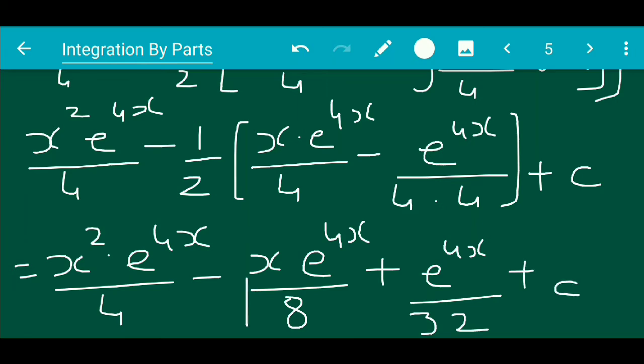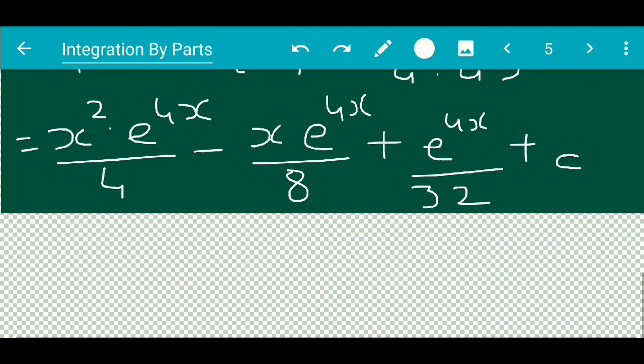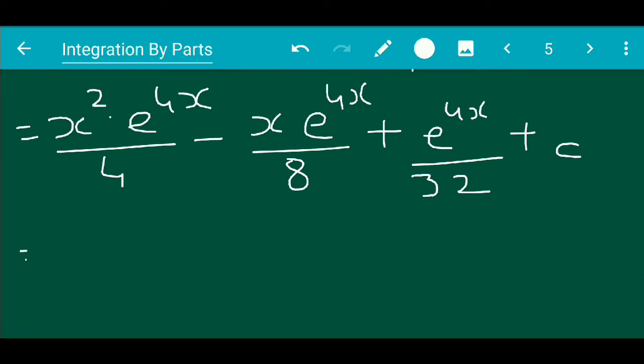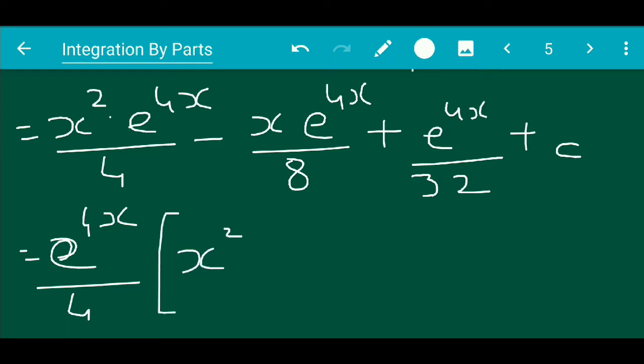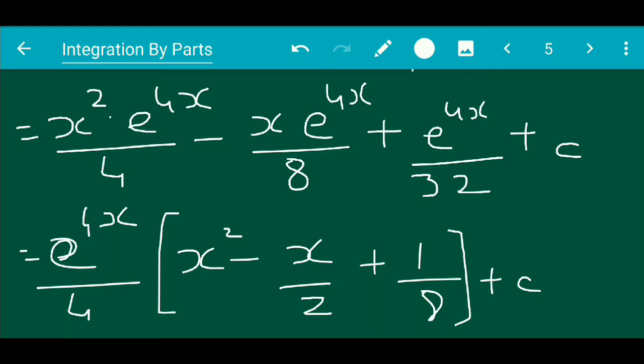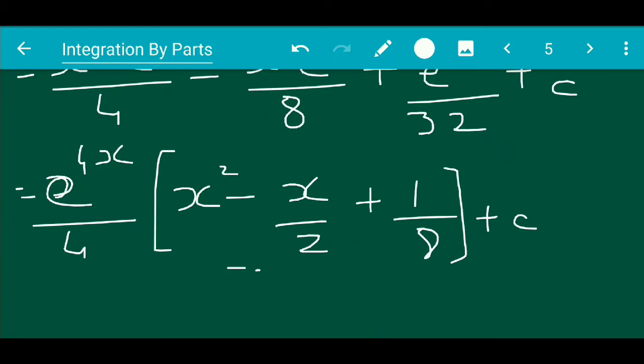If you look at the answer which is given behind in the textbook, they have solved even further, one more step further, by taking e raised to 4x upon 4 term outside the bracket as common because it is there in all the three terms. So we take e raised to 4x upon 4 common and thus we get x square minus x upon 2 plus 1 upon 8 plus c, and this becomes our final answer.